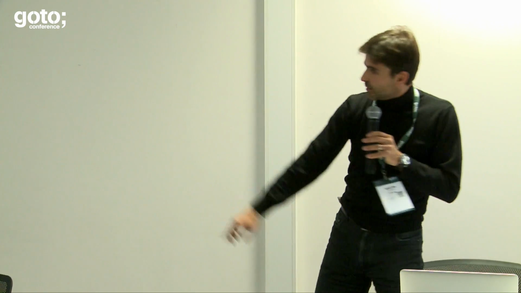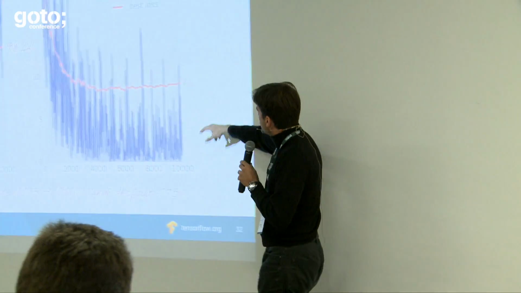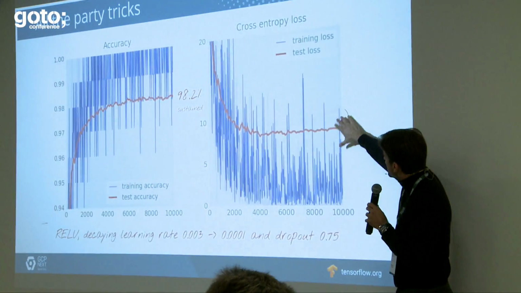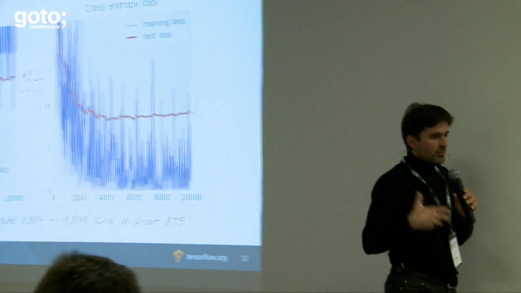And I added dropout, which kind of assures me that even if I had a little bit too many degrees of freedom, dropout, the way it works, the fact that you are killing neurons in the middle, prevents it from using those degrees of freedom too badly and ensures that, as we have seen, the overfitting, so the disconnect between the test loss and the training loss, is kind of tamed. So we've done everything we could, and we are still stuck at 98% performance.